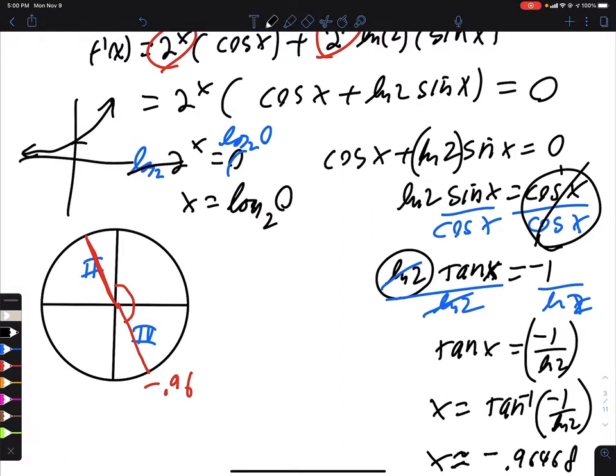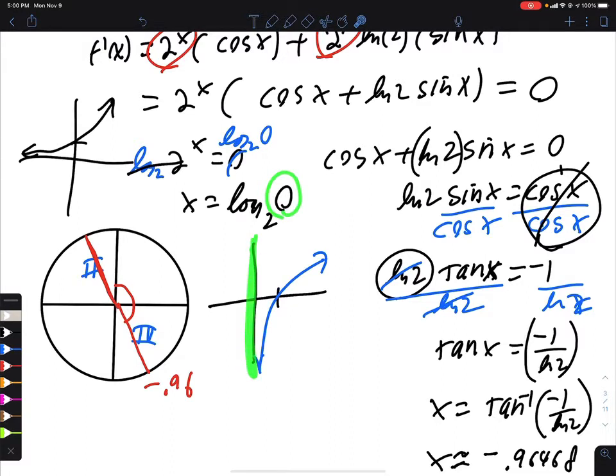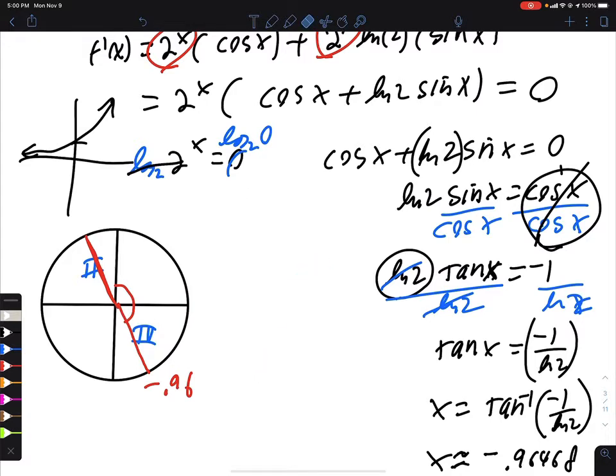So similar to the previous one, what does the log function look like? It looks like this. And what is the log at 0? Well, it never touches 0. It doesn't exist. It's not part of the domain of the log function. Therefore, that does not exist. So either way you look at it, that has no solution.